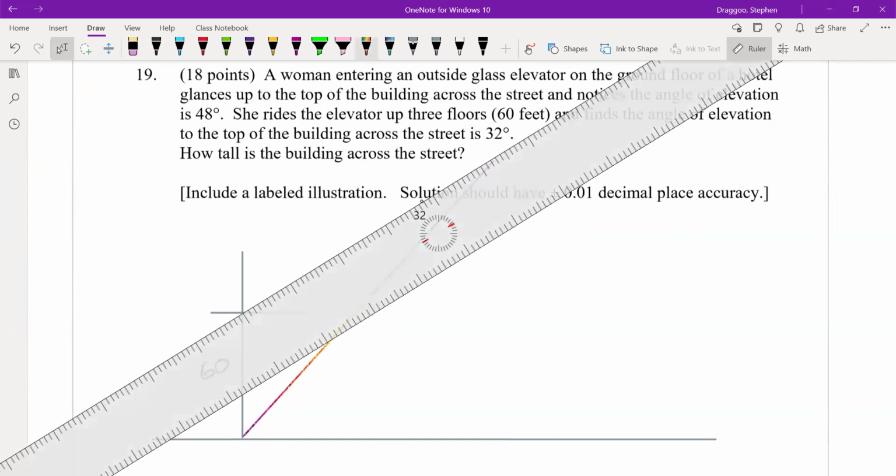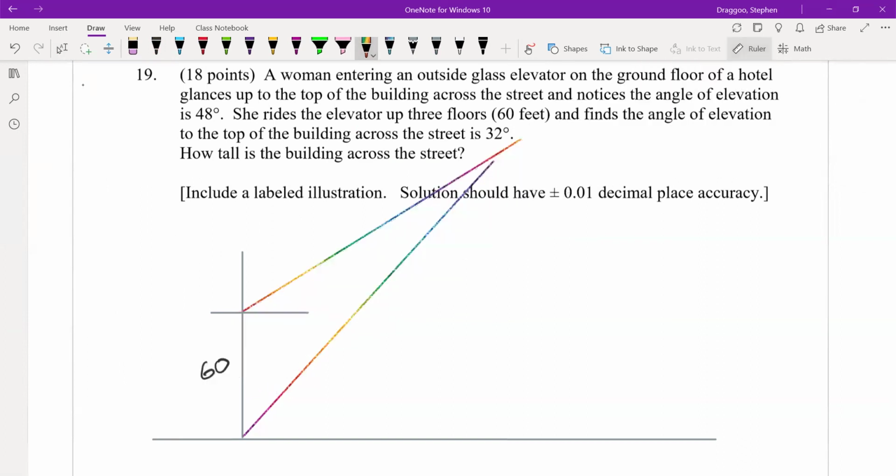So I'll draw in a new line, new angle of elevation right here. Looks like I didn't quite draw the first one long enough. Let me just extend that slightly. All right, and there we are. So those are the two angles of elevation measured by this woman riding a glass elevator.